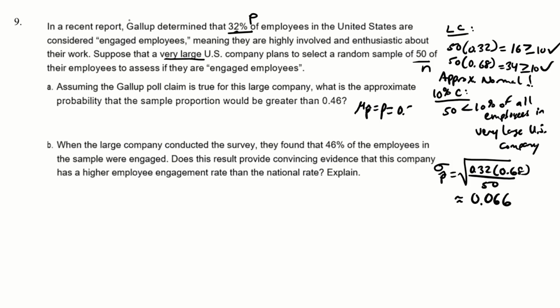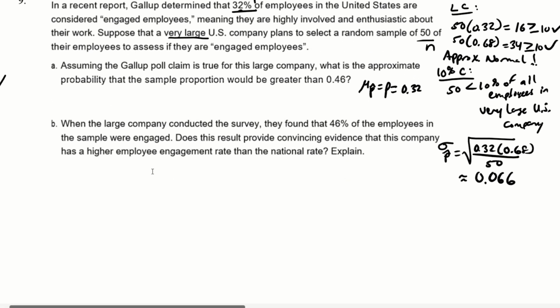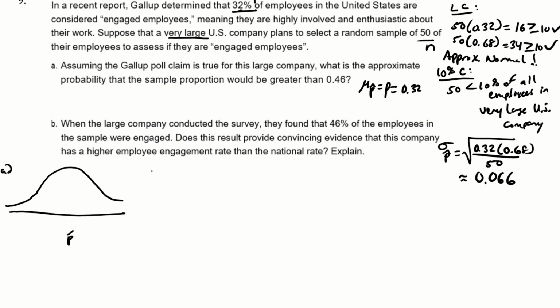We have space down here, so I'll do a continuation of part A. This is the p hat graph, and we got 0.32 in the middle, and then it goes by 0.066s. I'm not going to do all the numbers, just what we want. We want it to be greater than 0.46.